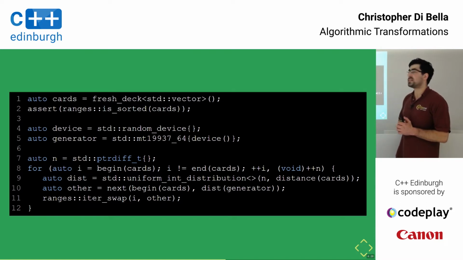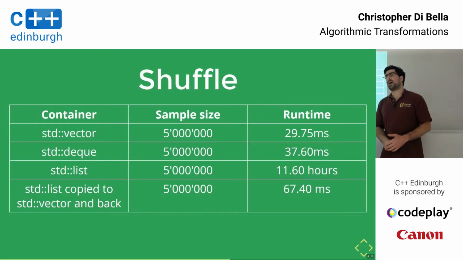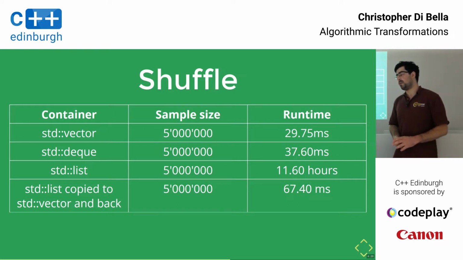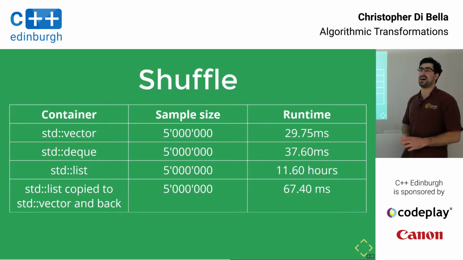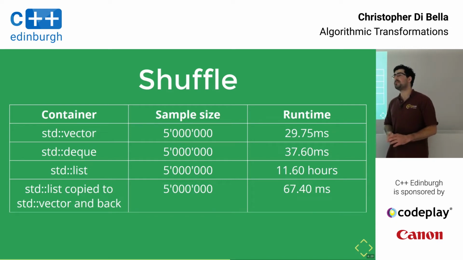But the point is that it returns something that has a bidirectional iterator. I decided to benchmark this, and I had a deck size of 5 million cards. This shuffle algorithm took under 50 milliseconds for everything except for list, which took 11.5 hours to complete.